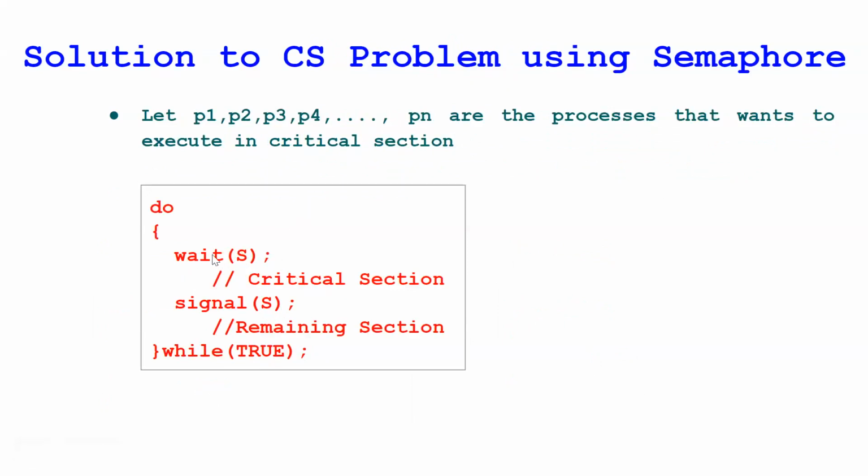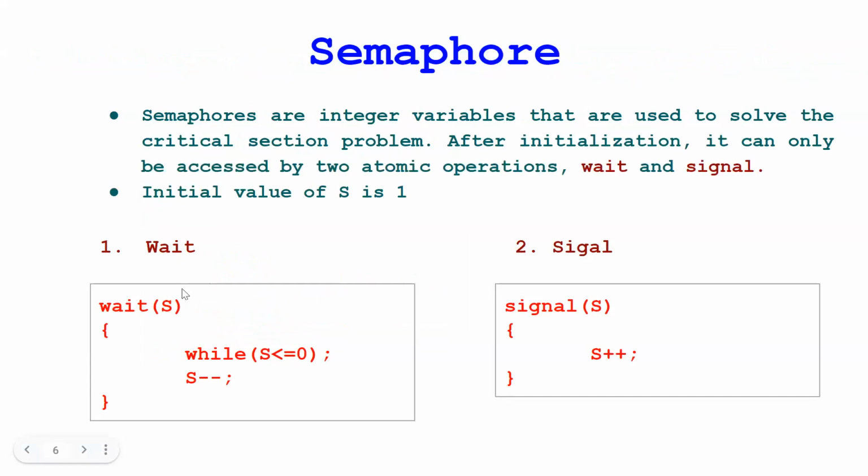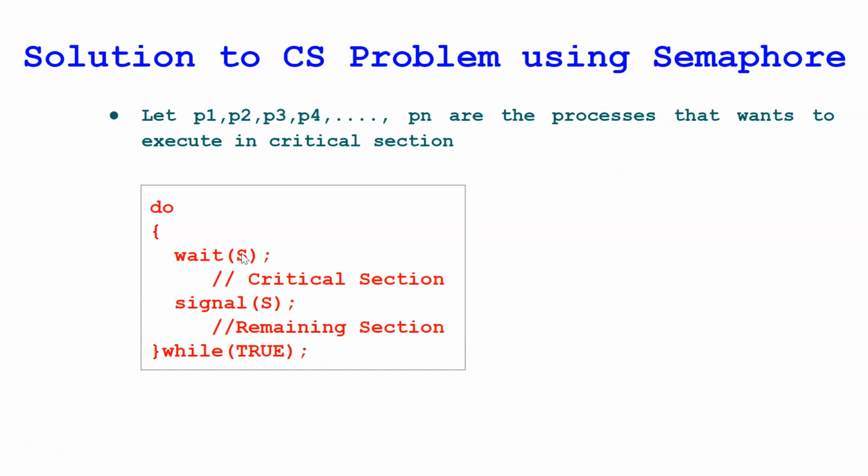Suppose the s value initially is 1, so this condition fails, that's why it will come here, and the value becomes 0 from 1 to 0 because of s minus minus. So when the value becomes 0, that process will enter into the critical section, and after execution of the critical section, that process needs to execute the signal s function.